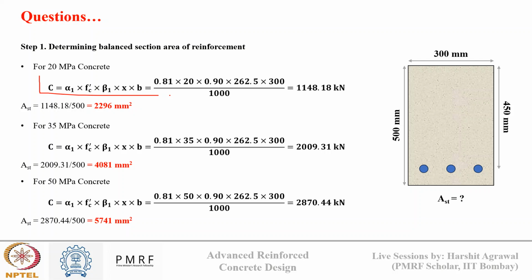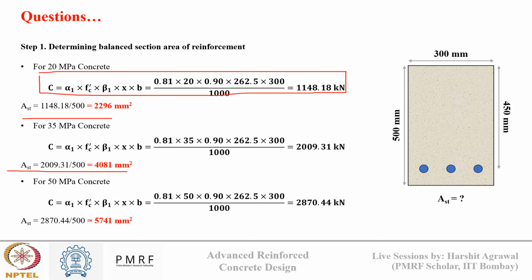So for different concrete grade, my balanced reinforcement area will be different. As the compressive strength of concrete increases, the balanced reinforcement area also increases, as you can see, because this fc dash factor is increasing. Okay, so first I did this calculation. For all three cases I calculated the balanced reinforcement area.